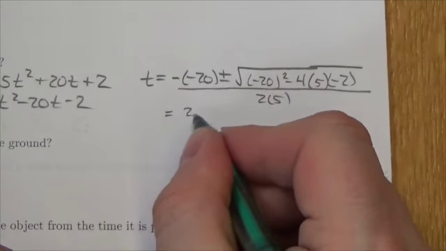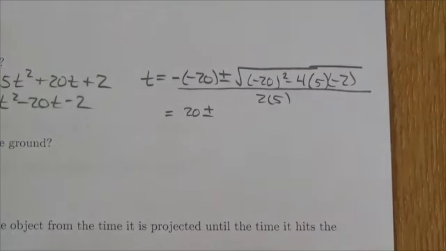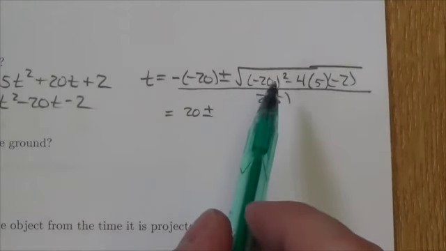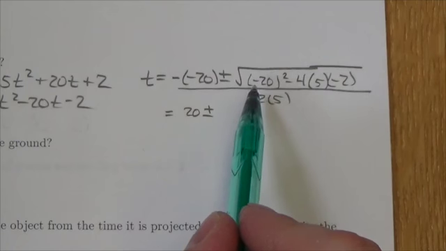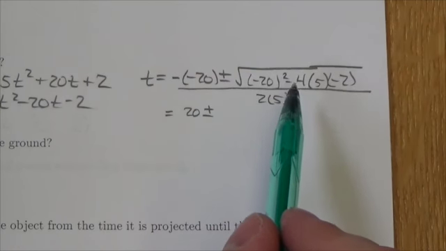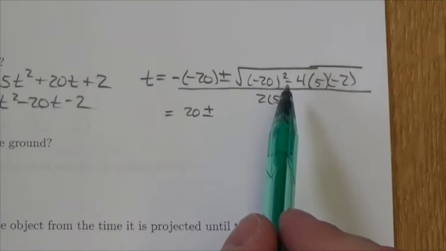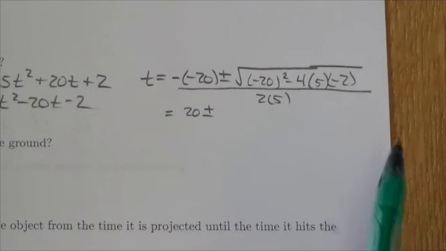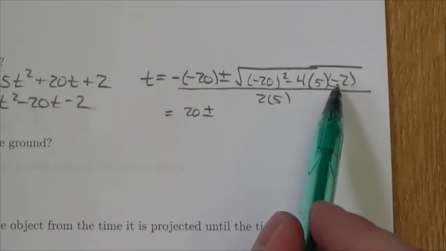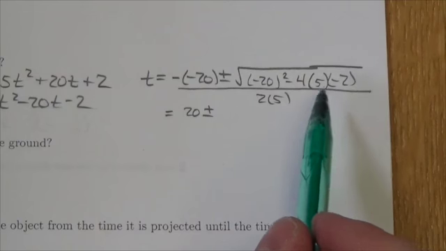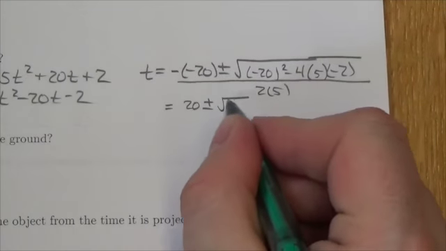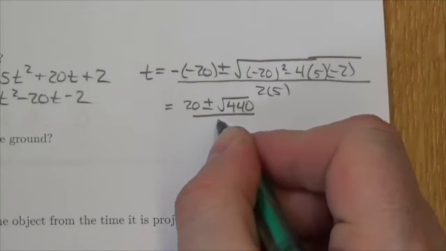So this will end up being 20 plus or minus, now I'm going to have to go to my calculator, although 20 squared will be 400. Sorry, 4 times 5 is 20 times negative 2 is negative 40, and minus that is positive 40, so 440. So the square root of 440 all over 10.